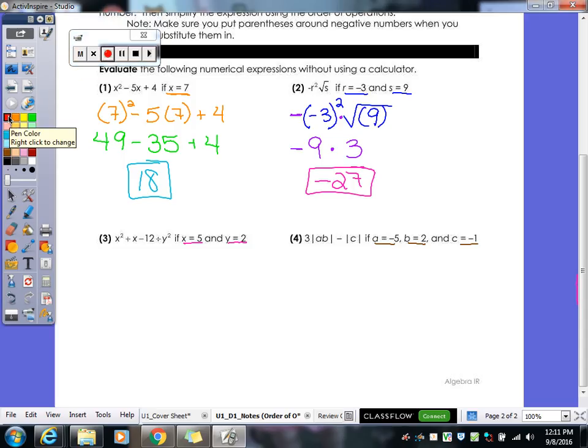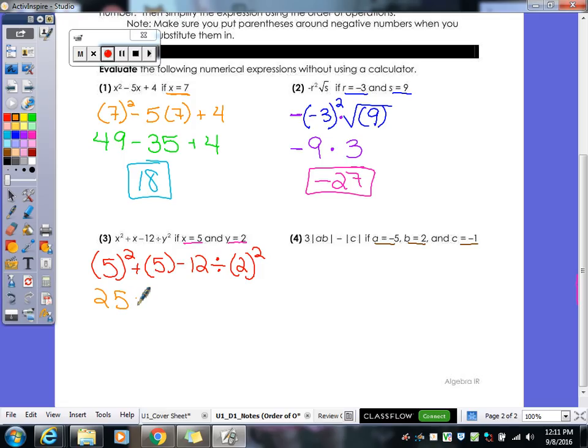Let's see how we did on these. So for number 3, I saw a lot of you using your parentheses, which is awesome. So we don't have any parentheses to distribute through, so this one we did our exponents first. So it'd be 25 plus 5 minus 12 divided by 4.